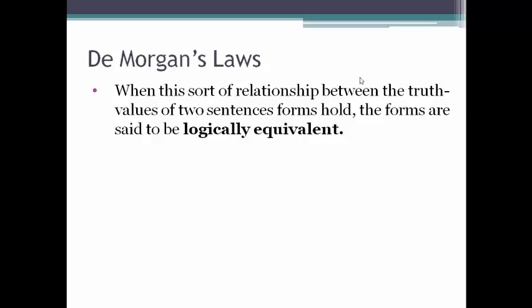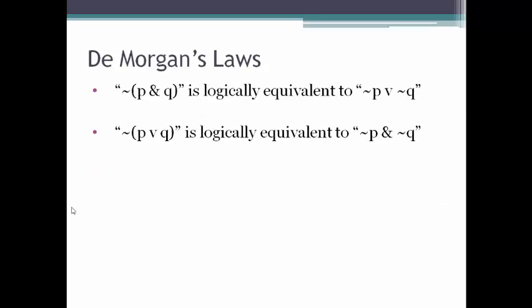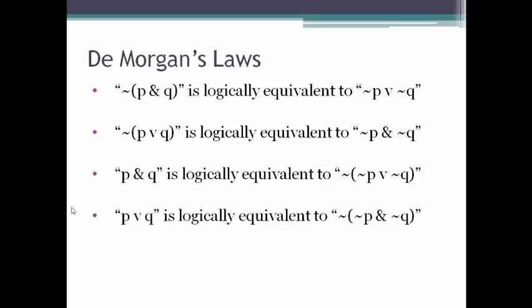We're working with form again and not content when we look at those sets of symbols and talk about their relationships. The logical equivalence of not P and not Q and not P or Q is an example of De Morgan's laws, named after Augustus De Morgan, who pointed out important similarities between some aspect of logic and ordinary algebra. He in fact pointed out these four equivalences.